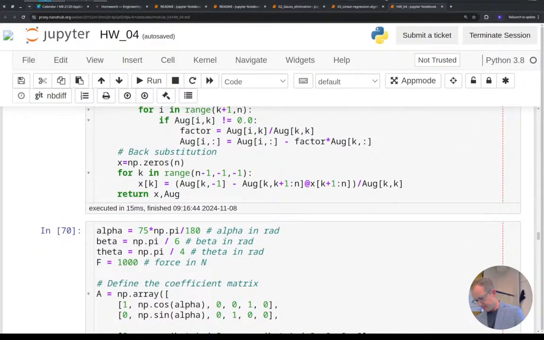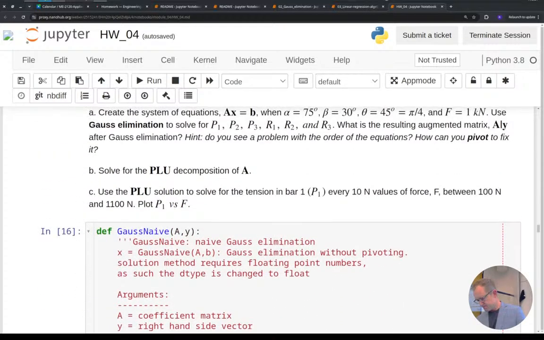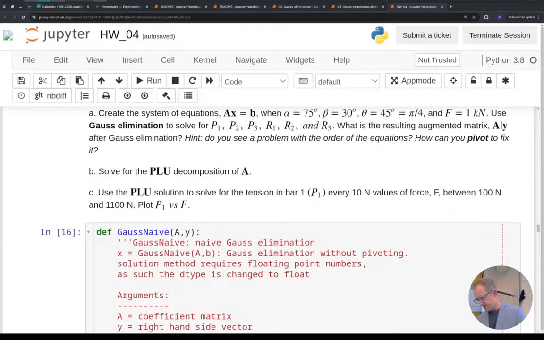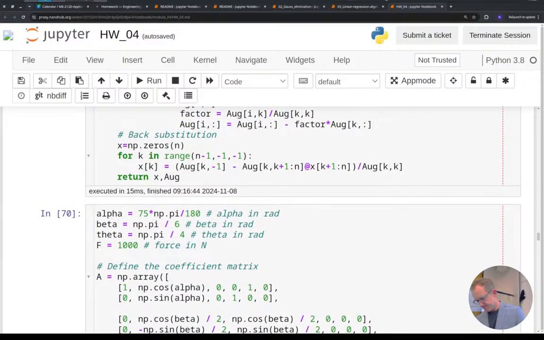Beta is 30. Yep. Alpha is 75. Yep. Beta is power 4.